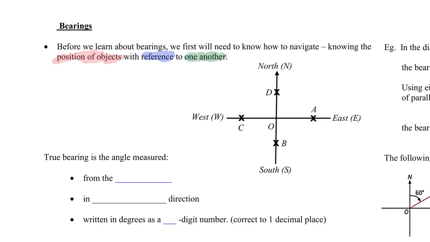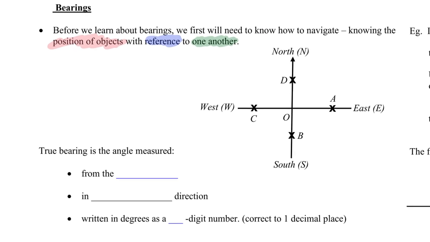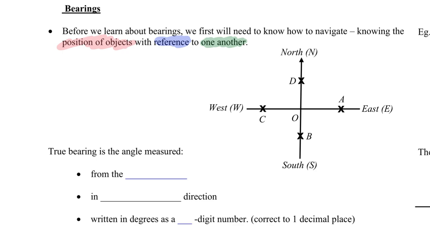Giving this as an example, we are going to know the position of the objects with reference to O at the center, where A, B, C and D are positions with respect to O. Looking at A, this is what we will say.